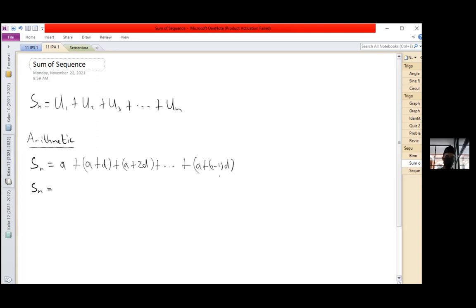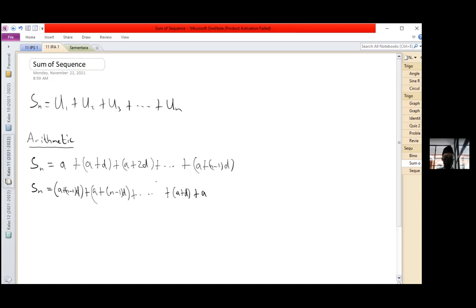We start from the last one, and then the previous one, which is a plus (n minus 2) times d, and so on till we add a plus d plus a.